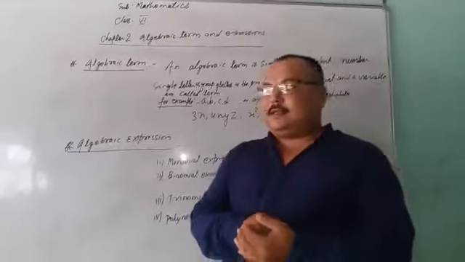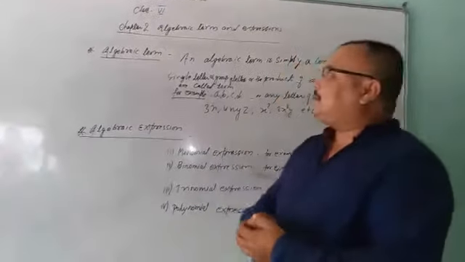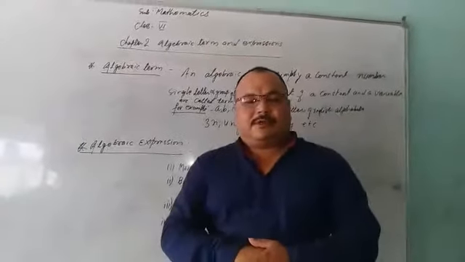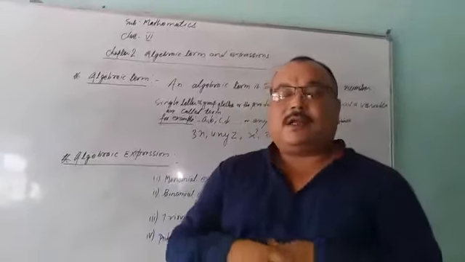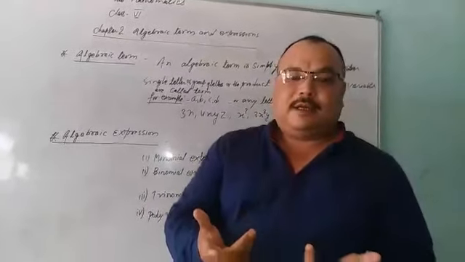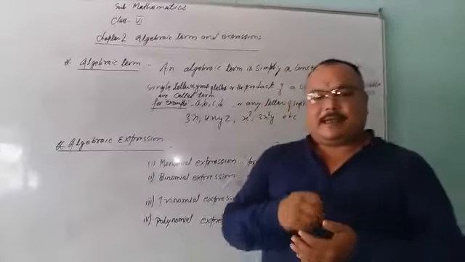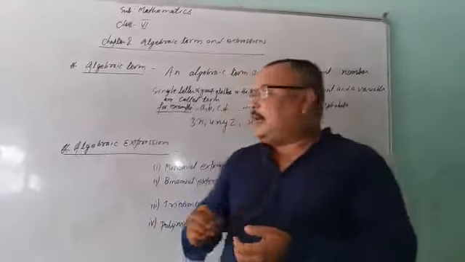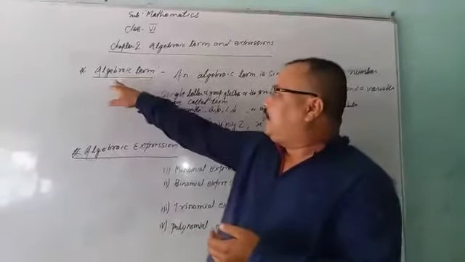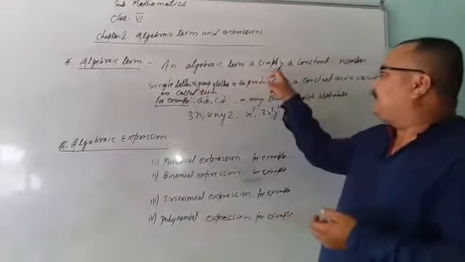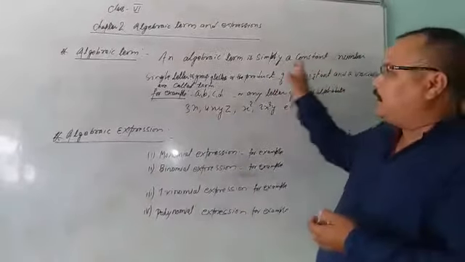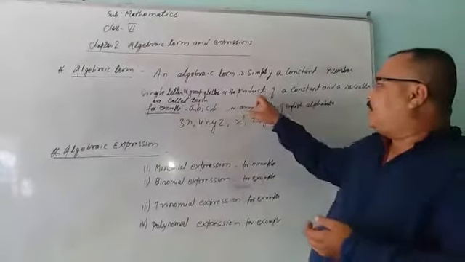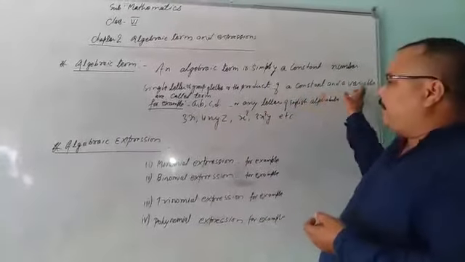So my dear students, today our class is algebraic terms. Did you know what is a term? What do you mean by term? An algebraic term is a simple constant number or single letter or group of letters or the product of the constant and the variable.